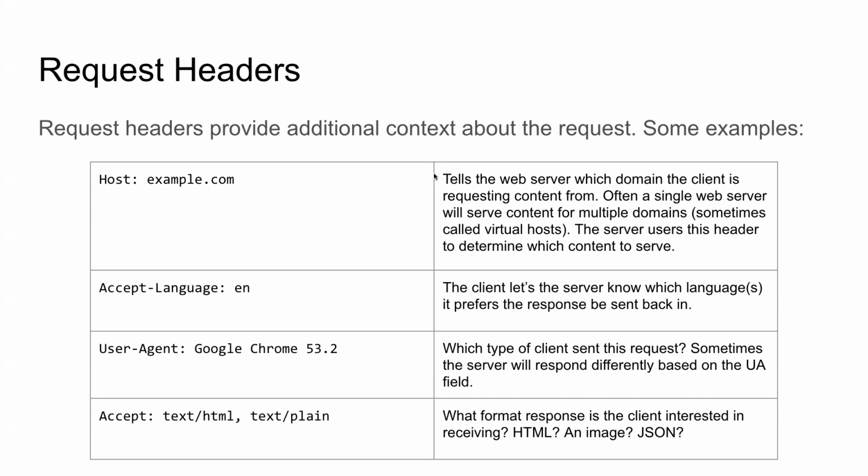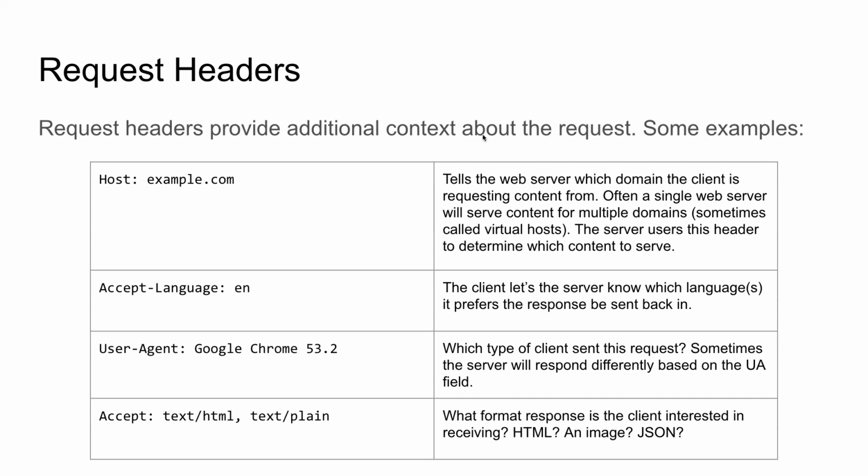And then Accept-Language, English, is the client letting the server know which languages it prefers the response be sent back in. User-Agent, which can be Google Chrome 53.2, is which type of client sent this request. Sometimes the server will respond differently based on the UA field.